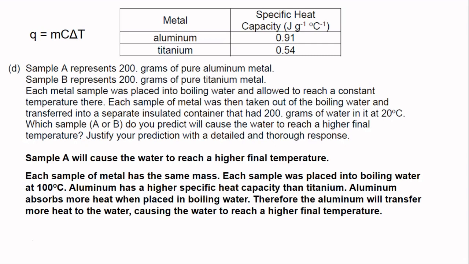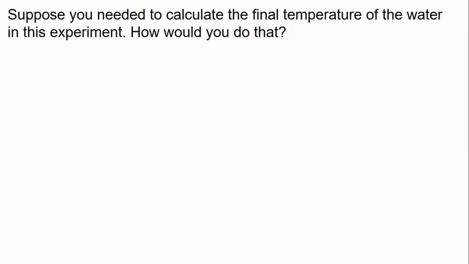Now that's all great in terms of conceptual understanding, but some of you watching this video might like to see the numbers, the math. So if we needed to actually calculate the final temperature of the water, we could do it. It's based on relatively simple algebra and the first law of thermodynamics, which has to do with the law of conservation of energy.